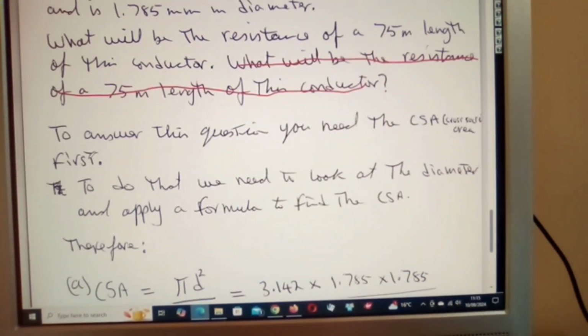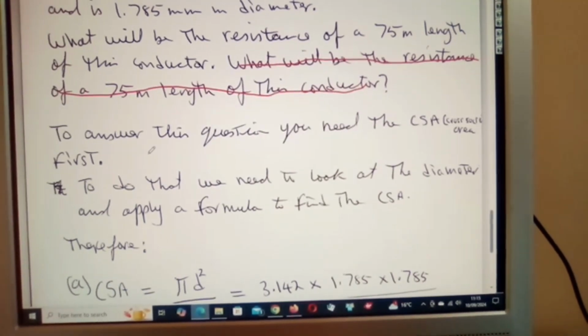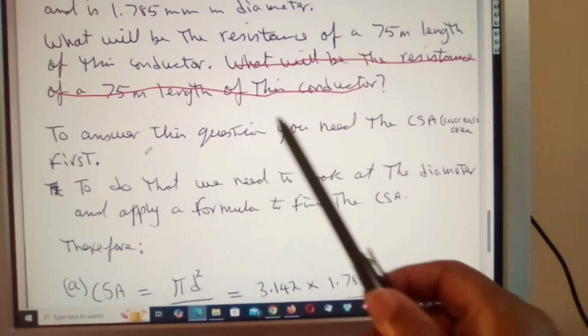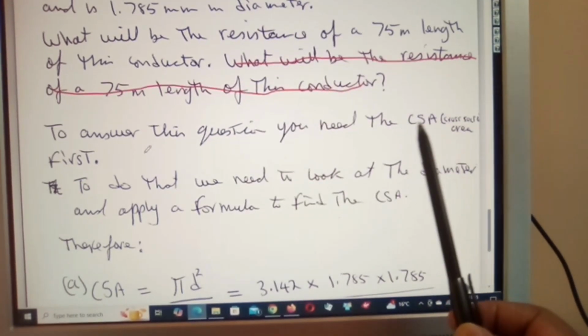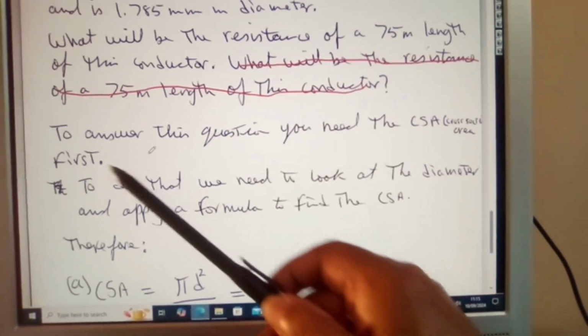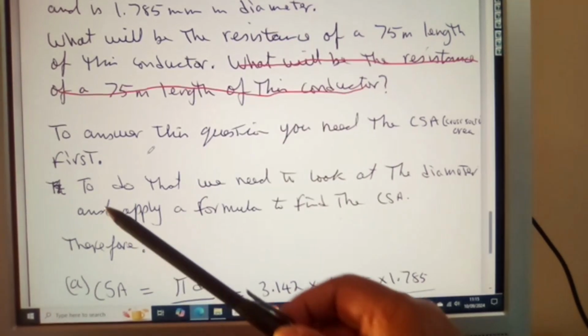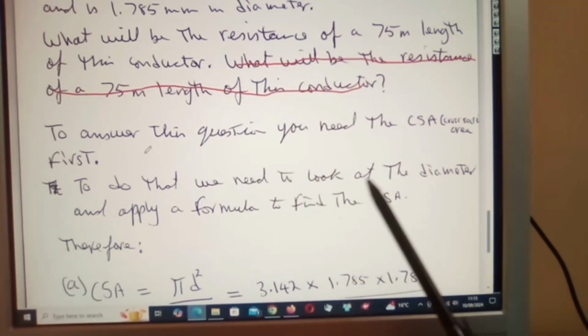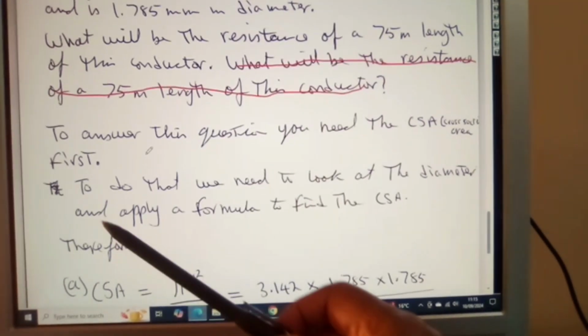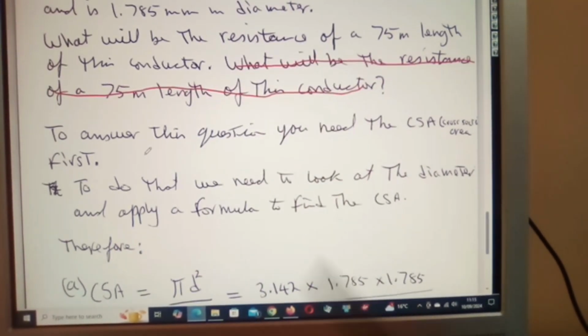To answer this question, you need the cross-sectional area, CSA. First, we need to look at the diameter and apply a formula to find the cross-sectional area.